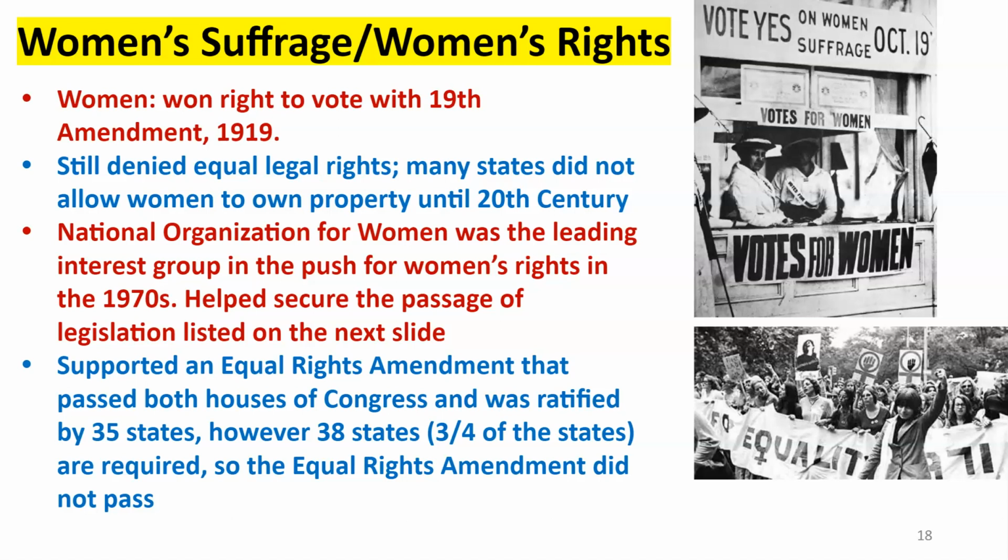We'll see, to be continued. But we still see women suffering in terms of different rights that men have that women do not. And pay equity is probably the most common in terms of what we see today. The right to vote was the beginning in terms of paving that way.